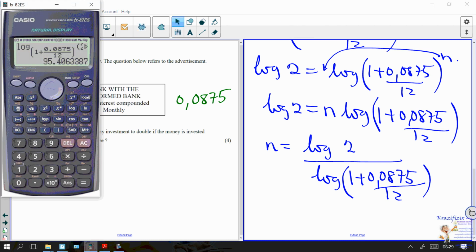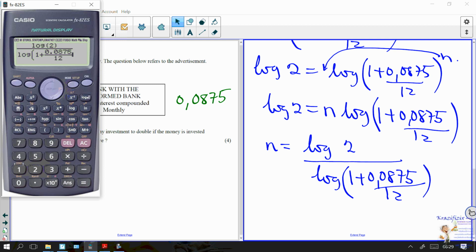Let's just quickly see how to put that. I now use this log because it's log base 10, log 2, and what do I have? Again, log base 10. You need to rewind the video and see the difference between the logs that I used. What do I need here? I need 1 plus, then I need my division, 0.0875 divided by 12.